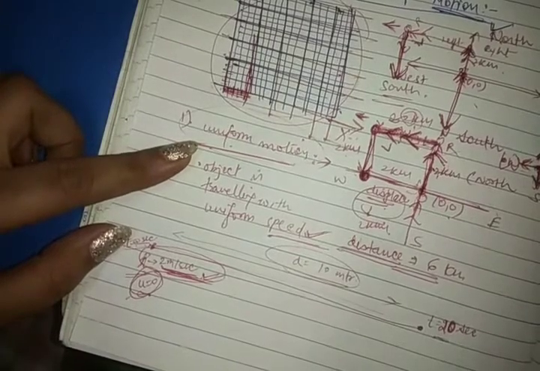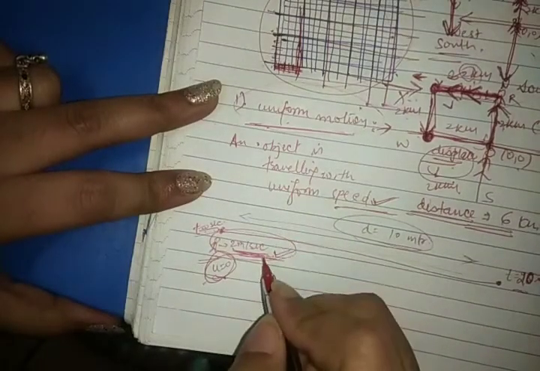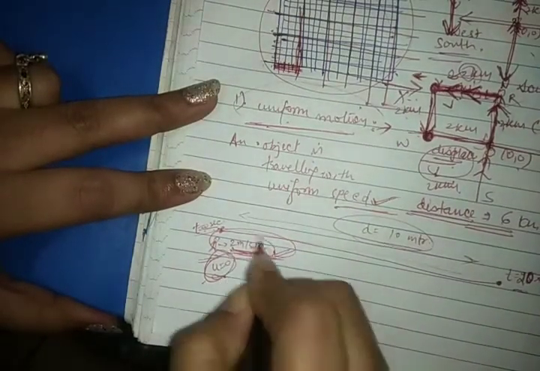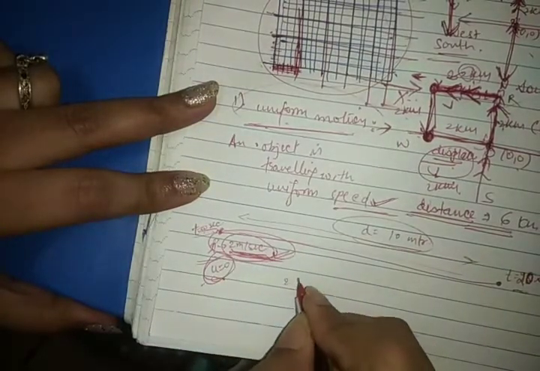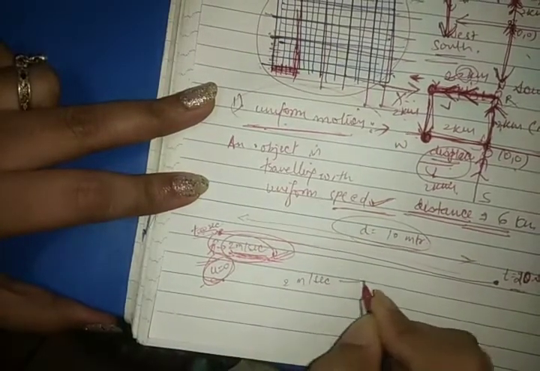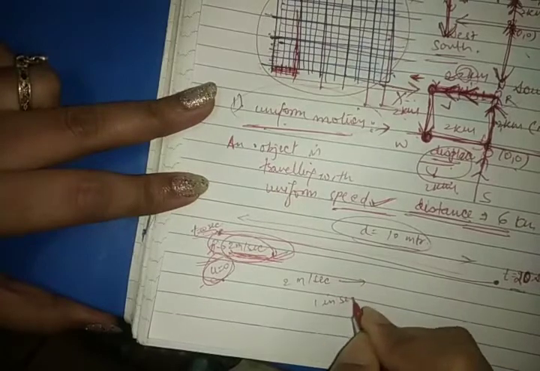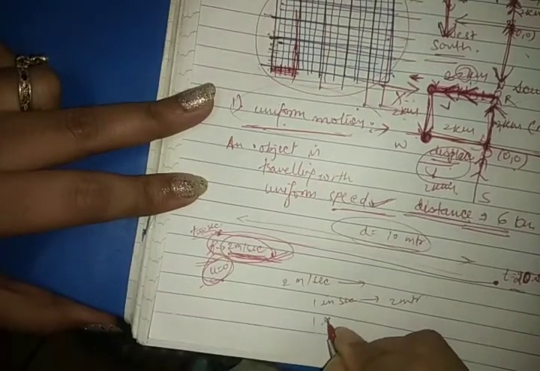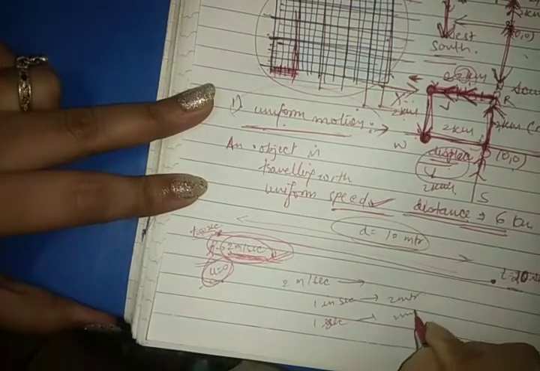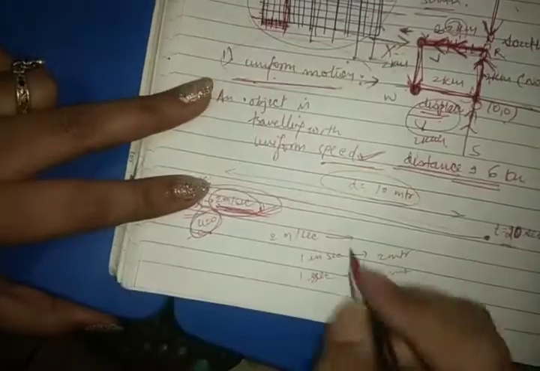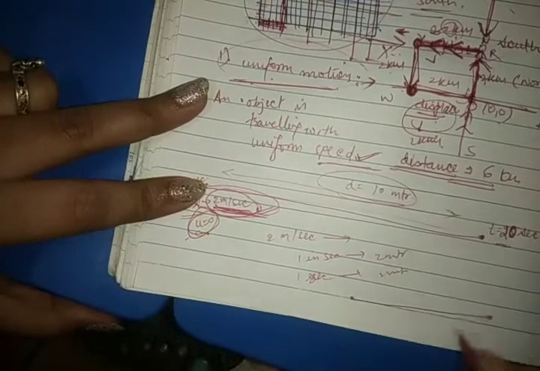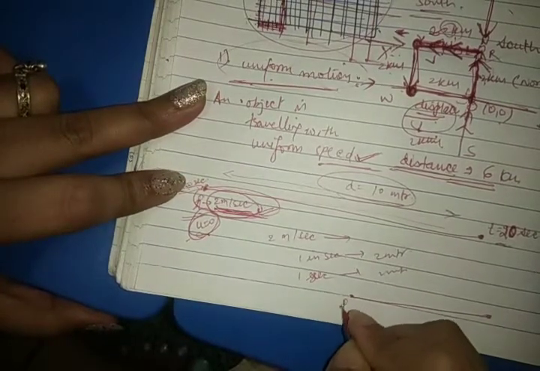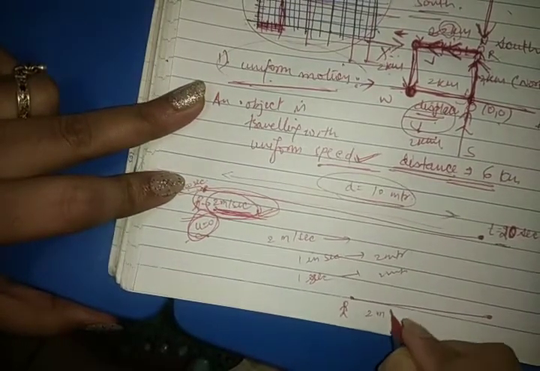Then what will happen? See, the speed is 2 meter per second. That means 2 meter per second means in 1 second it travels 2 meter. In another 1 second it travels another 2 meter, right? So this is the path. You started from here. Your speed is 2 meter per second.